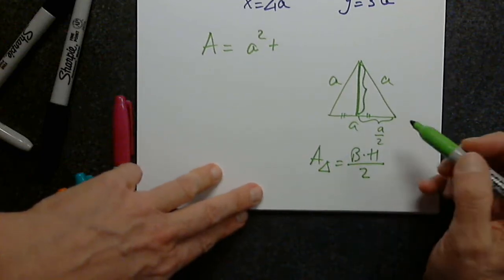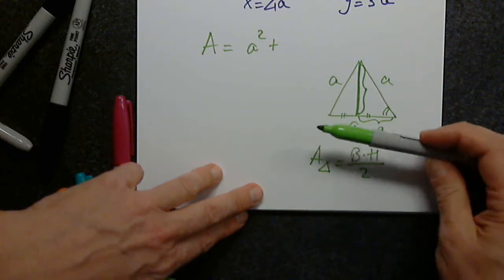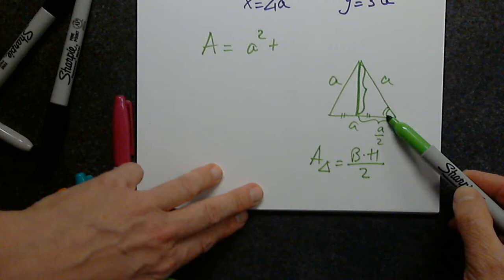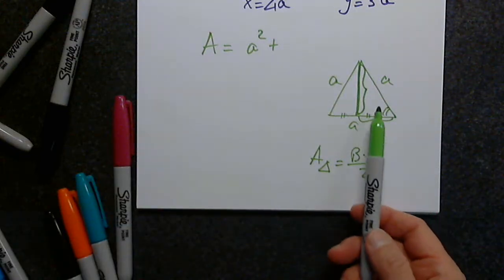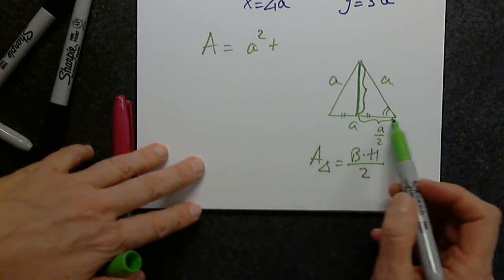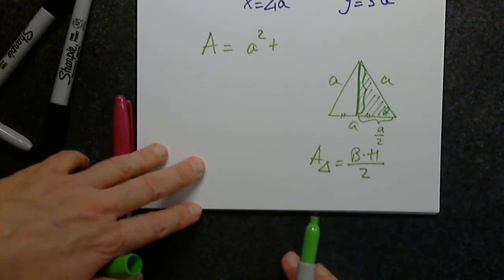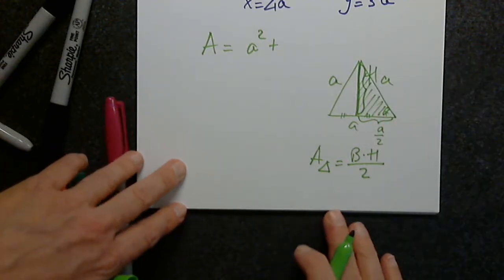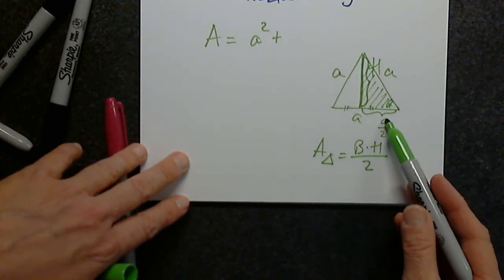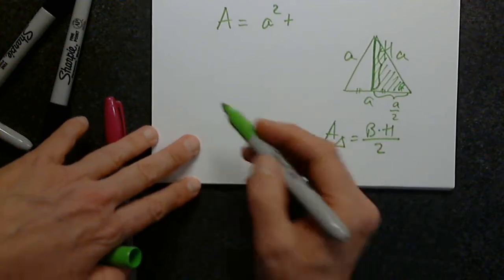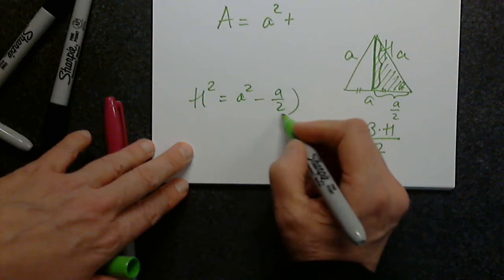There is another way, because I have the angle in between: this times sine 60 divided by 2. But let's say we don't remember that, I can find the height. The base will be A, and what is the height? From this triangle, I can determine the height. The height will be this squared minus this piece squared, because it's a leg. So this will be A squared minus A over 2 squared.